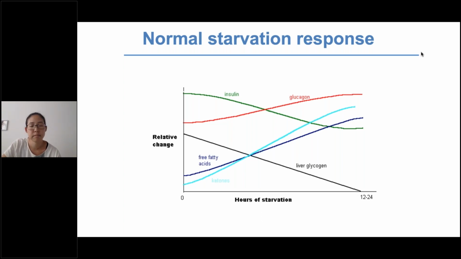So if a child has come to you, maybe fasted for 24 hours because of gastroenteritis, you would expect, if you did their bloods then, to see higher ketone levels and high free fatty acids as well. All this is happening to keep your blood sugar levels stable. But that doesn't always happen, and I'm sure the most common thing you've seen in your practice would be children with ketotic hypoglycemia. We'll talk about that later.